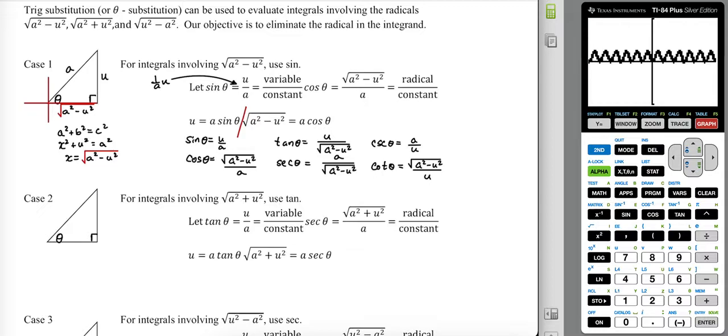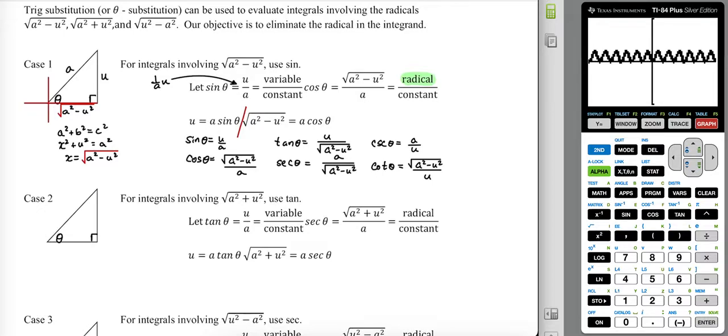Now, when it comes to the other equation, we're going to develop two equations when we do a trig substitution. The other equation is going to be the ratio of the radical to the constant. Whatever the radical is in your integrand, the one that you're looking to replace with a trigonometric substitution, that's going to be the numerator, and the constant will be the denominator, and whatever trig ratio that corresponds to is the one you go with.